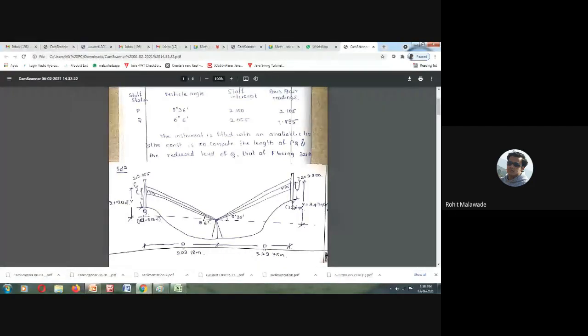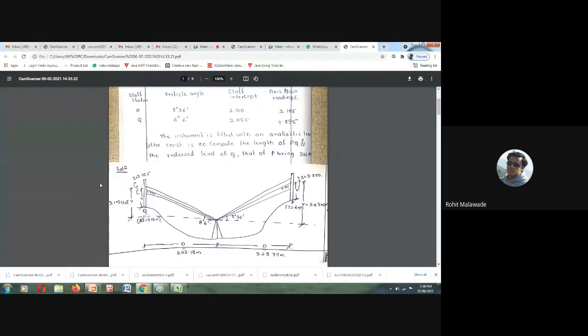Now, this 19.818 is the difference in elevation from the line of sight to Q. So the line of sight is common for both. If you reduce 32.640 minus 19.818, you are going to get the difference in elevation between P and Q.